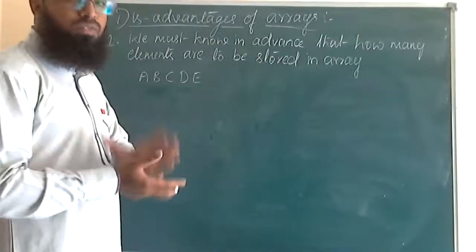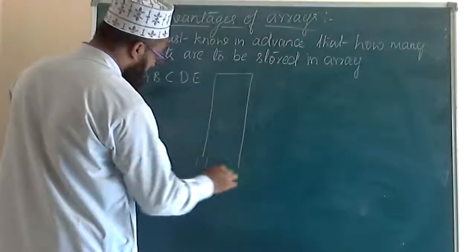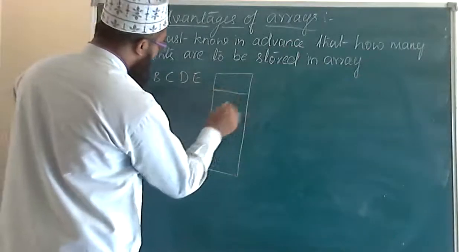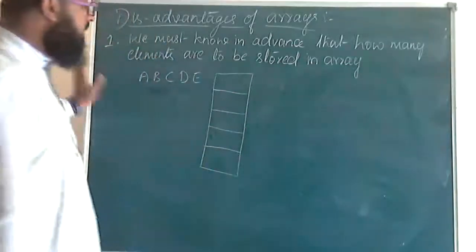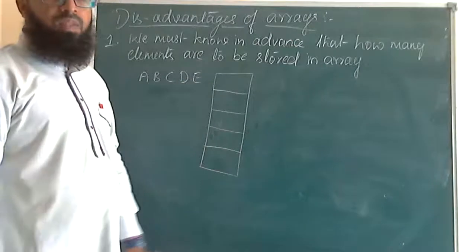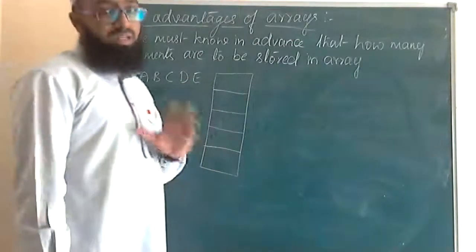After that only can we create an array for five elements. Otherwise we cannot create the array properly.